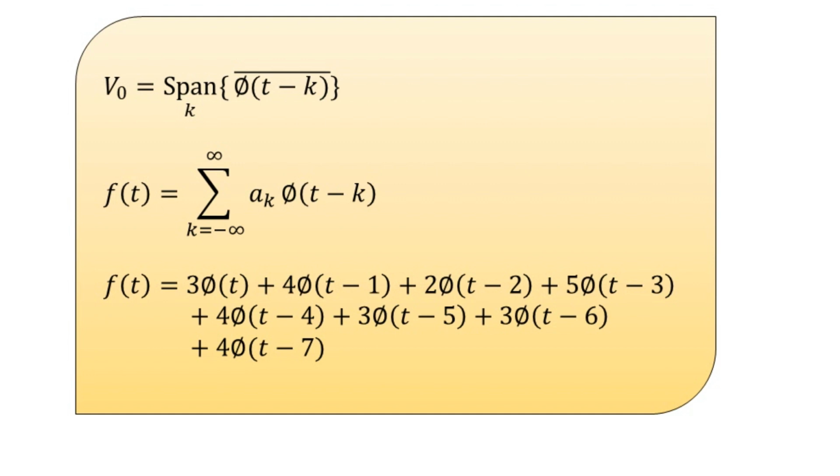Next we add 3 times phi of t minus 5 plus 3 times phi of t minus 6, and finally 4 times phi of t minus 7. So we have to always remember that the set of all such signals constitutes the signal space that we denote hereafter by capital V0, as mathematically expressed by the first equation here.